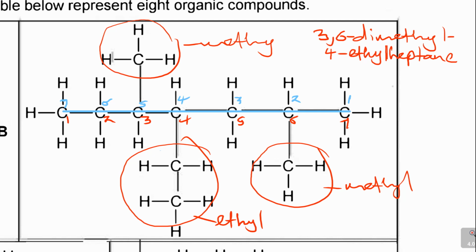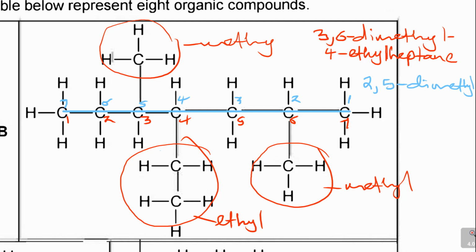Now let's name it going the other way around, from right to left. So in carbon number what? It's carbon number 2. So we have 2 comma. There is a methyl, and also in carbon number 5. So 2,5-dimethyl. Are you with me?